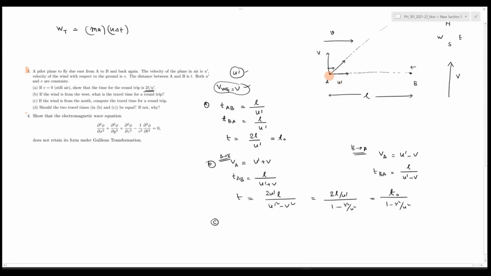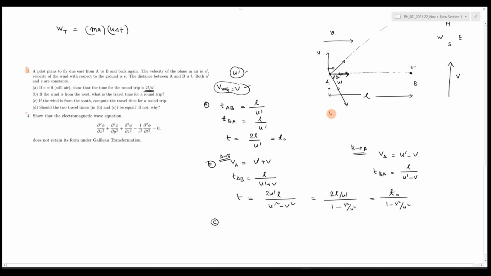Yes, Bhaiya. So that means this plane should move in this direction so that the resultant points in this direction, so that it can reach the point B. Suppose this angle is theta, then the component of the plane's velocity along this y direction must be balanced.